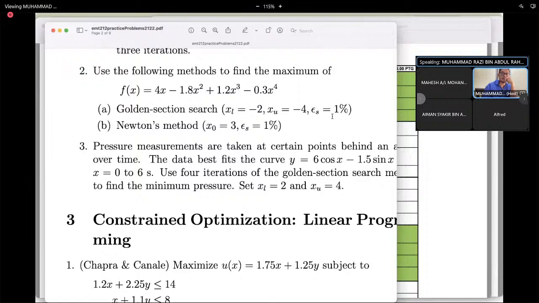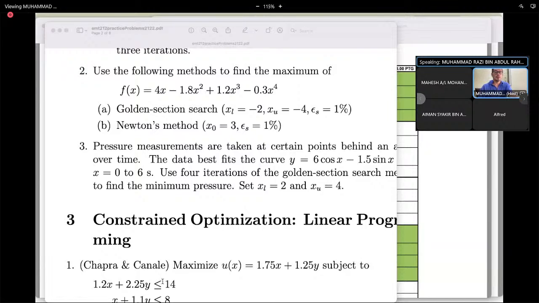Relative means you should take the relative error, so the difference between the exact value of the function, where you can use in MATLAB fminbnd.